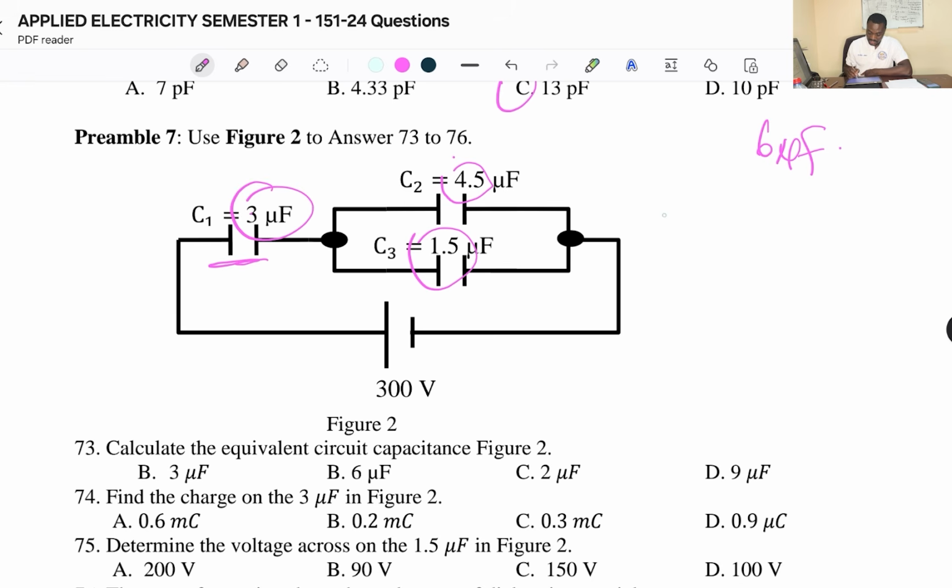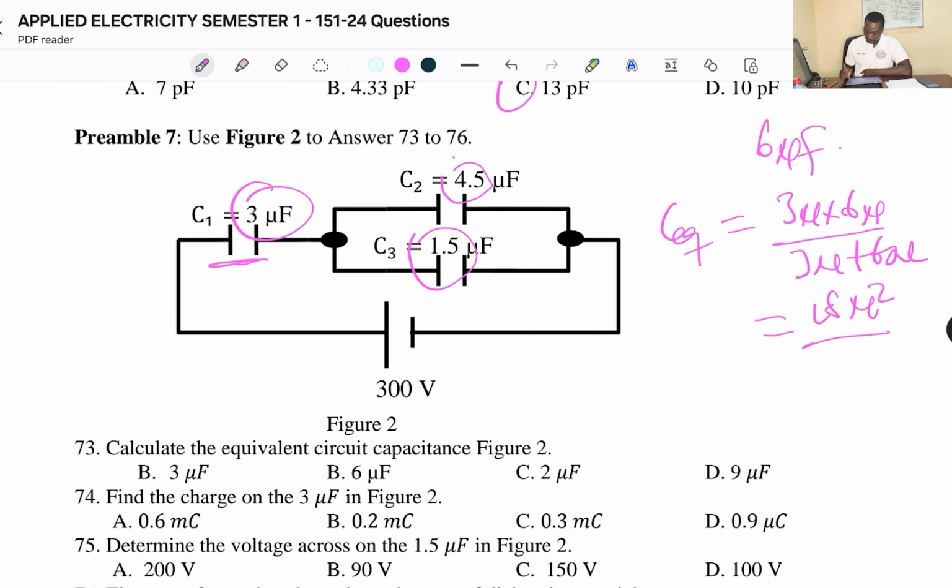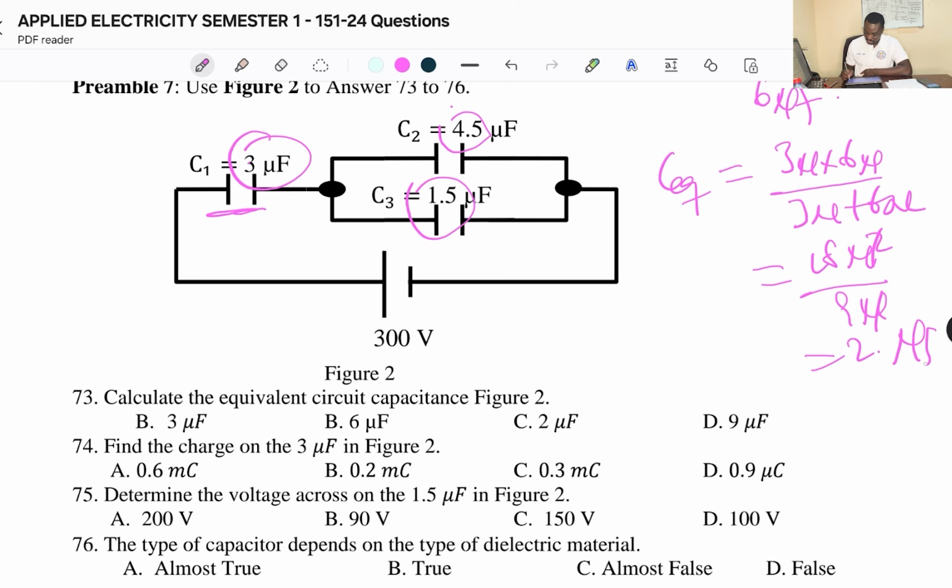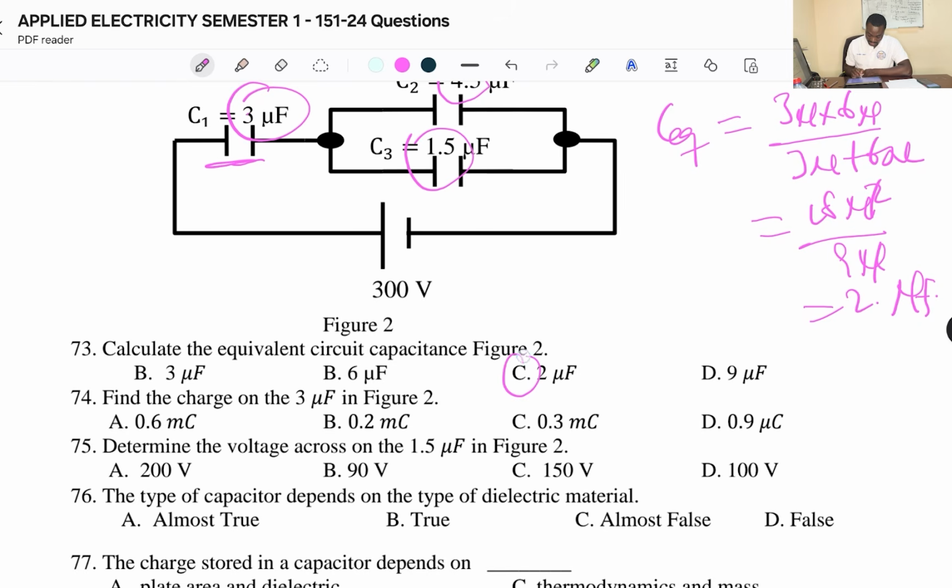So to get the equivalent capacitance for these two, the 3 microfarad and 6 microfarad, that would just be the product over the sum. 3 micro times 6 micro over the sum, 3 micro plus 6 micro, equals 18 micro squared over 9 micro. So this will cancel, you have micro here. That will be 2 microfarad. So the answer here will be 2, and that is C.